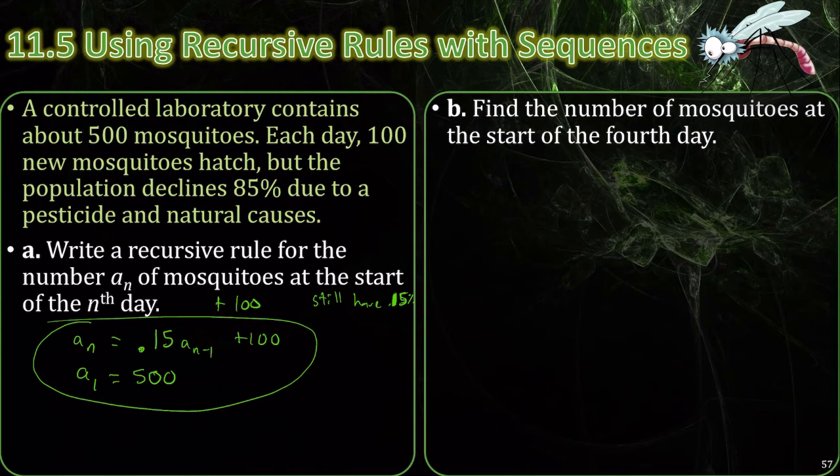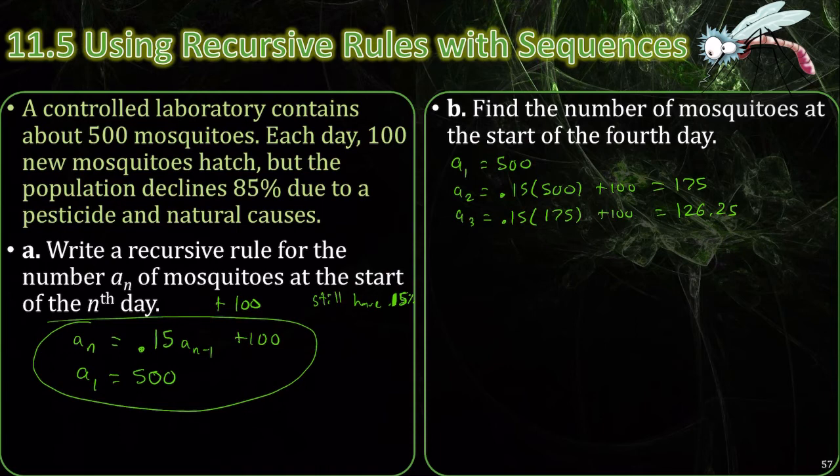Find the number of mosquitoes at the start of the 4th day. All right, well, it's recursive. A1 is 500. A2 is 0.15 times the previous day, which was 500, plus 100, which gives us 175. A3 is 0.15 times the previous day, which was the 175, plus 100, which gives you 126.25.